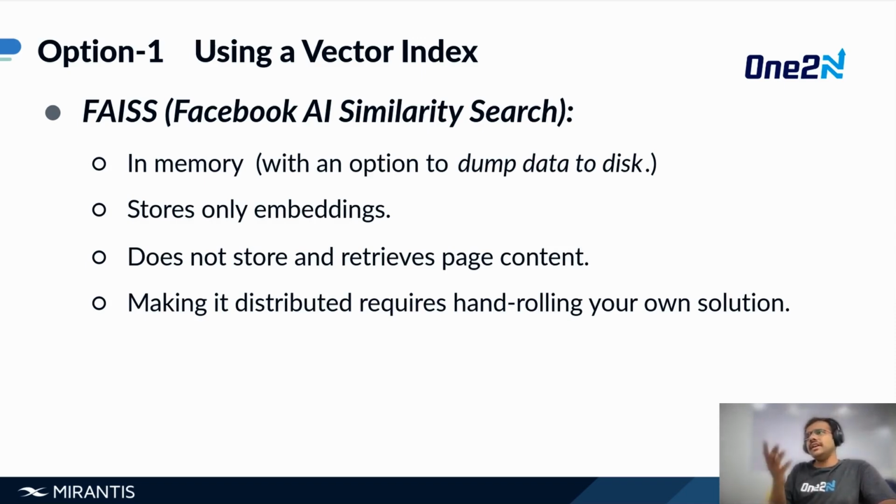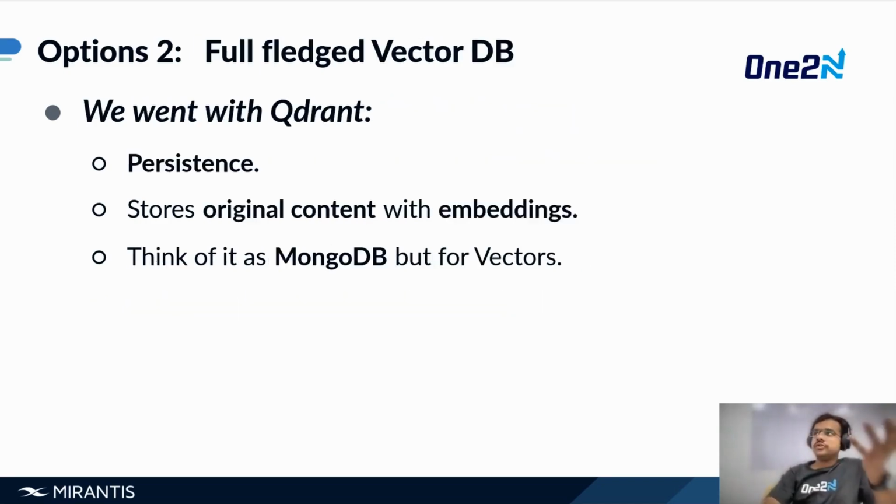It is more like an index which stores embeddings and the metadata, which you can use to actually fetch the actual content. So if I have resumes as embeddings and I find a matching resume for a query, I can get the metadata, and from that metadata, I can try to fetch the real resume. And if you want to make this distributed over a network, you need to hand roll your own solution.